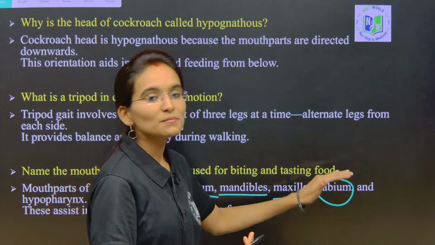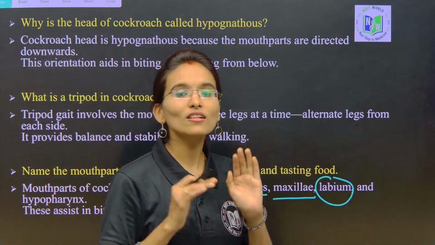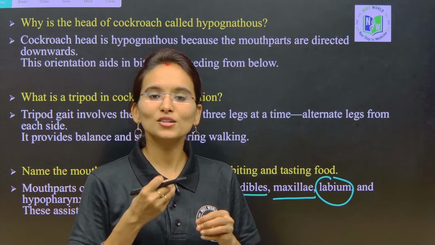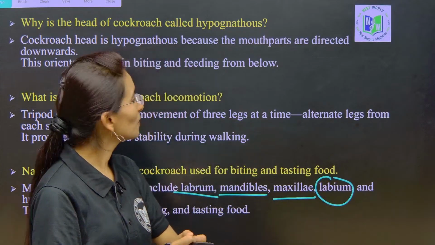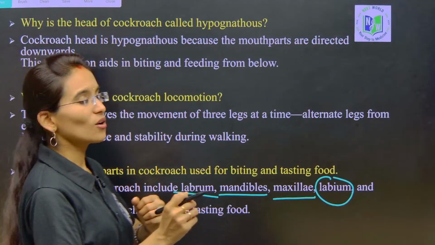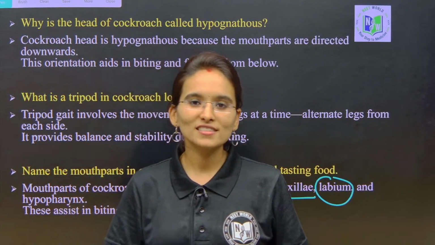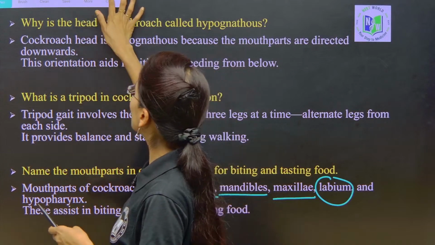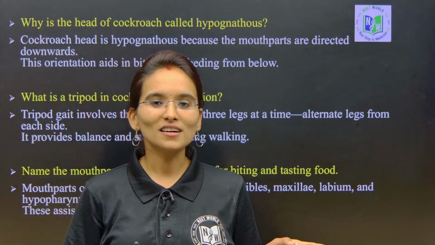All these are the mouth parts especially involved in biting and chewing the food, and they are also useful for collecting the food. All of you can attempt these answers in your IPE board examinations for VSAQs, and this will help you score the 2 marks.